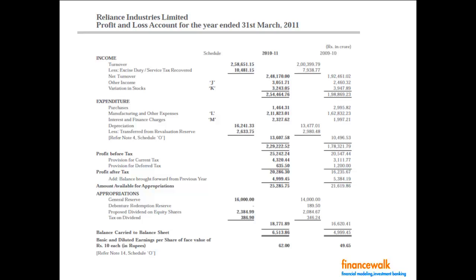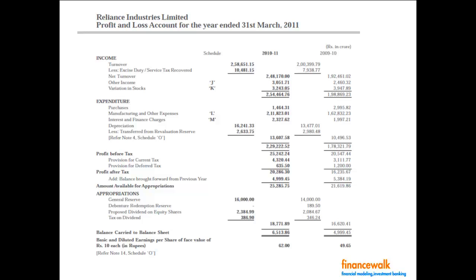So first income, then expenditure, income minus expenditure, profit before tax. Then you provide for current tax and deferred tax, then profit after tax. And you add the balance brought forward from the previous year. What remains is the amount available for appropriations. Now what appropriations is this company making?